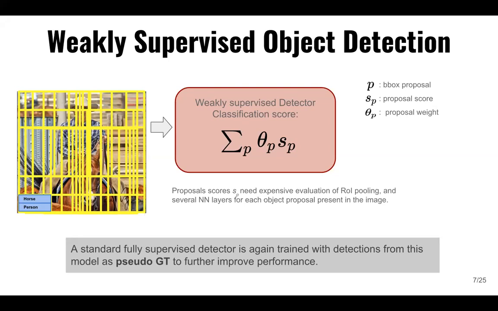How we do this is, suppose in an image we extract thousands of object proposals such that they cover most of the object instances present in the image.